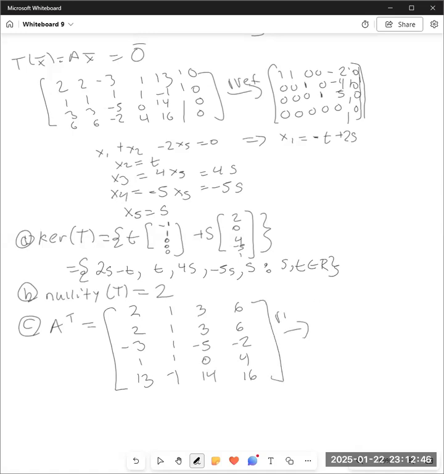I'm going to RREF that, and I get 7, 0, 0, 8, 0, 7, 0, 20, 0, 0, 7, 2, and then 2 rows of zeros.